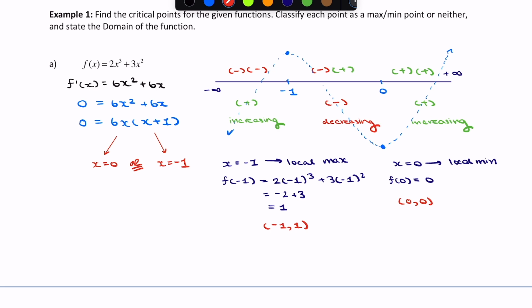And if we look here, it asks for the domain of this function. So here we see that it goes from negative infinity to positive infinity all the way. So we can write that the domain is simply x is an element of the real numbers, or it goes from negative infinity to positive infinity.